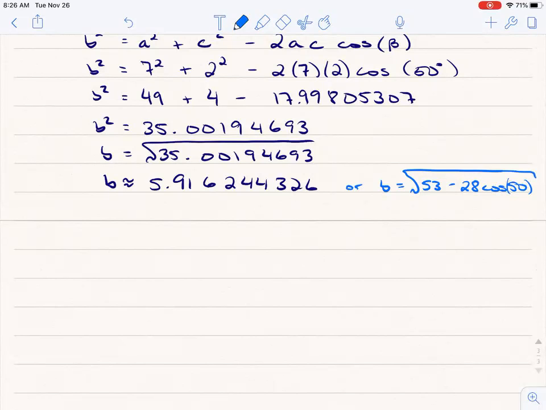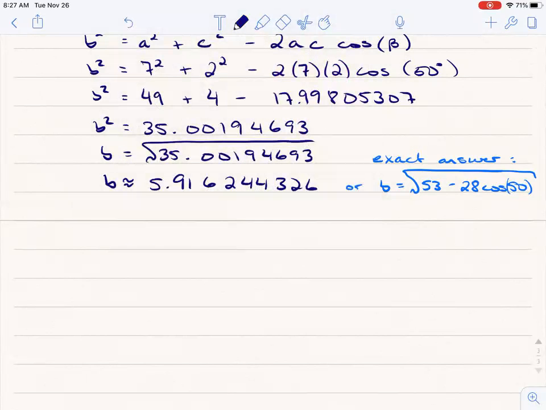This would be your exact answer. But because I solved it first, I've got that approximation. On the final exam, I'm not going to ask for the exact answer, only because I know some calculators are doing it and some of them aren't. So I will just ask for the approximation, but it's good to know what the exact answer would look like.